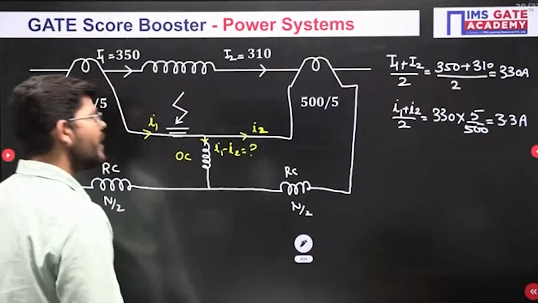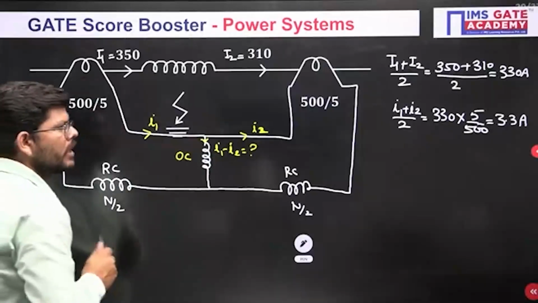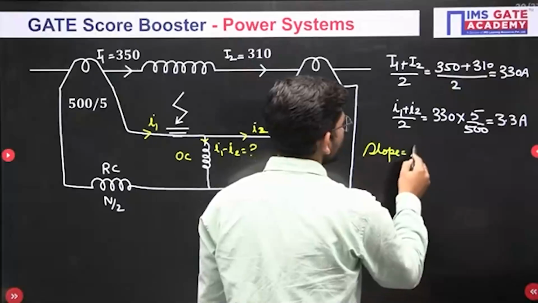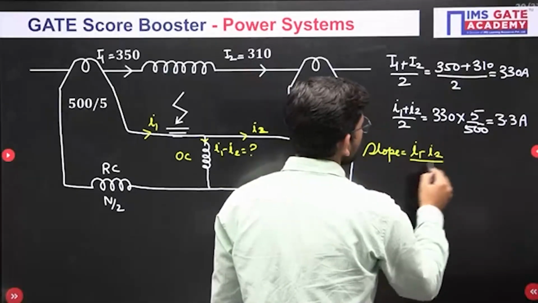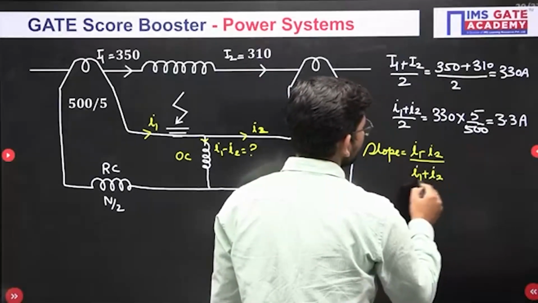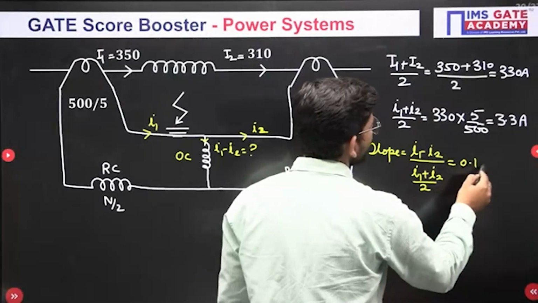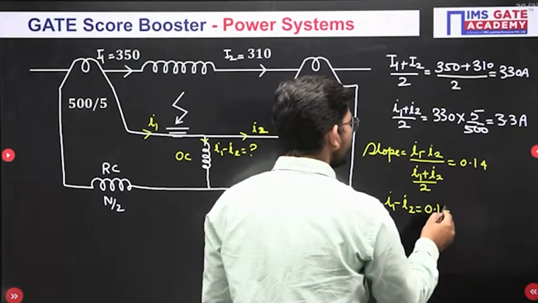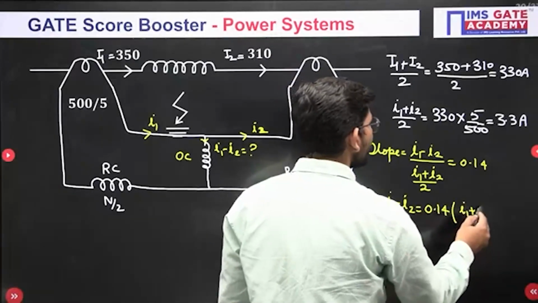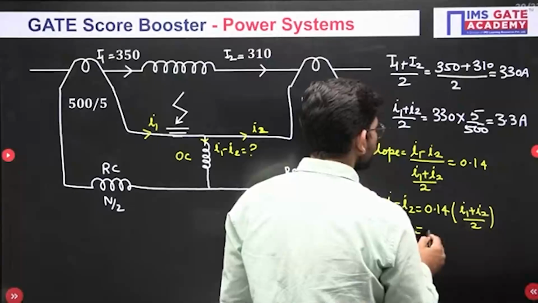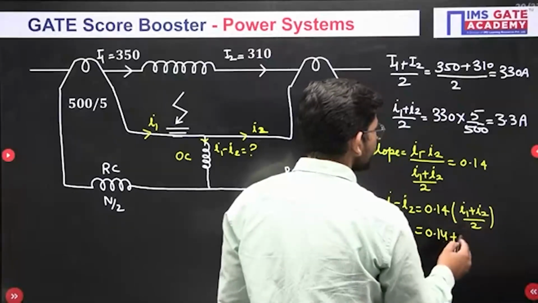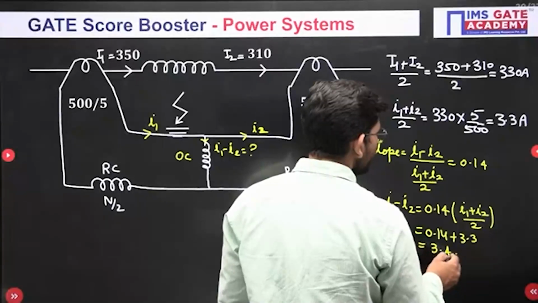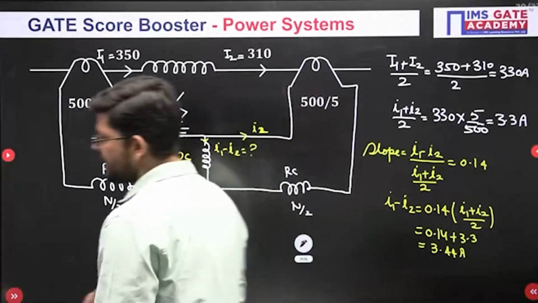Fine. What we have to calculate is I1 minus I2. Now we have been given the slope. So slope is (I1 minus I2) upon (I1 plus I2)/2, and it is 0.14. So what will be I1 minus I2 here? 0.14 into (I1 plus I2)/2. So 0.14 plus 3.3, how much will you get? 3.44 amperes, isn't it?